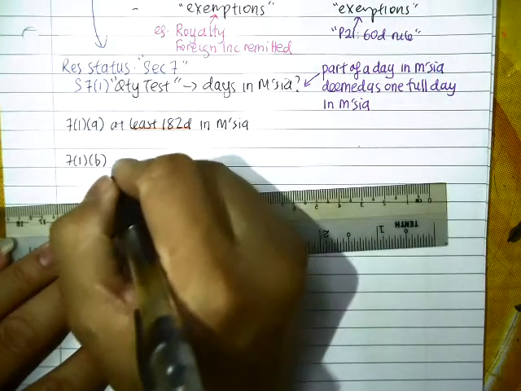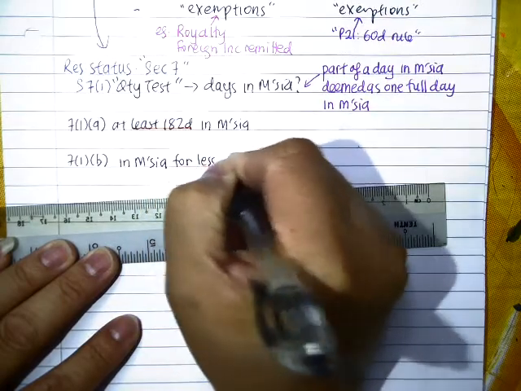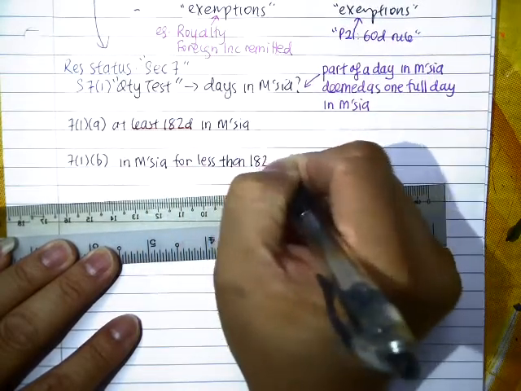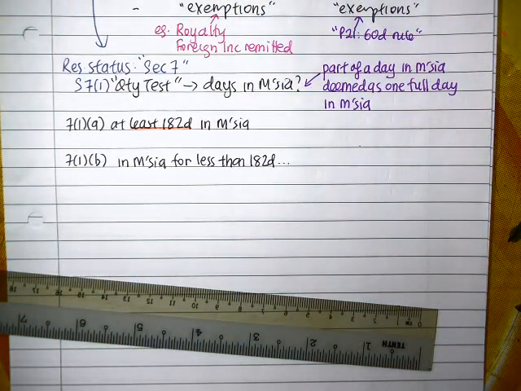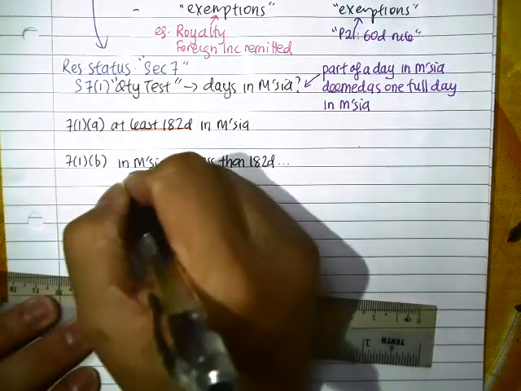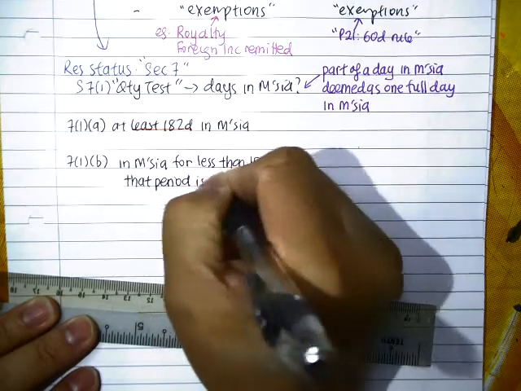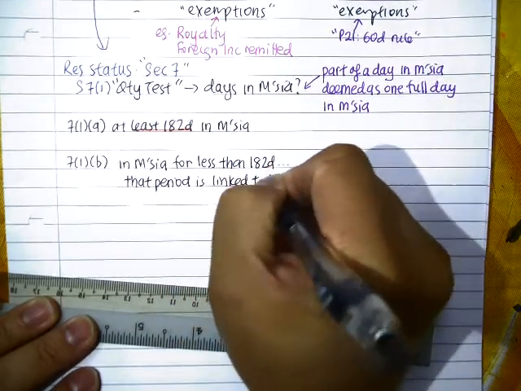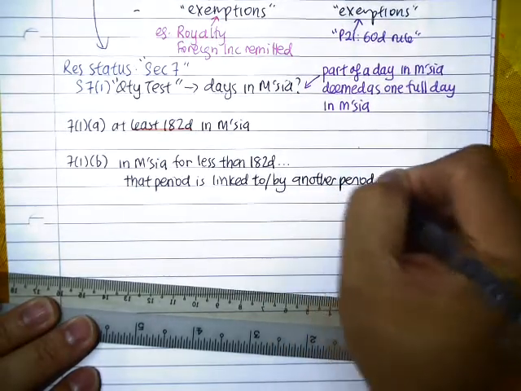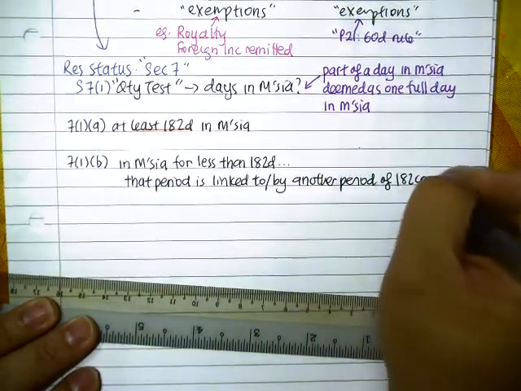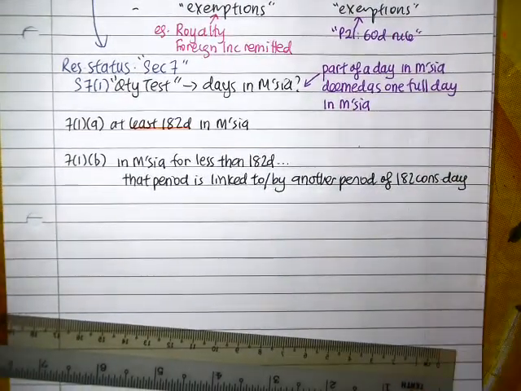Alright? So if you are in Malaysia for less than 182 days, okay, but you're gonna borrow, alright, but that period is linked to or by another period of 182 consecutive days.